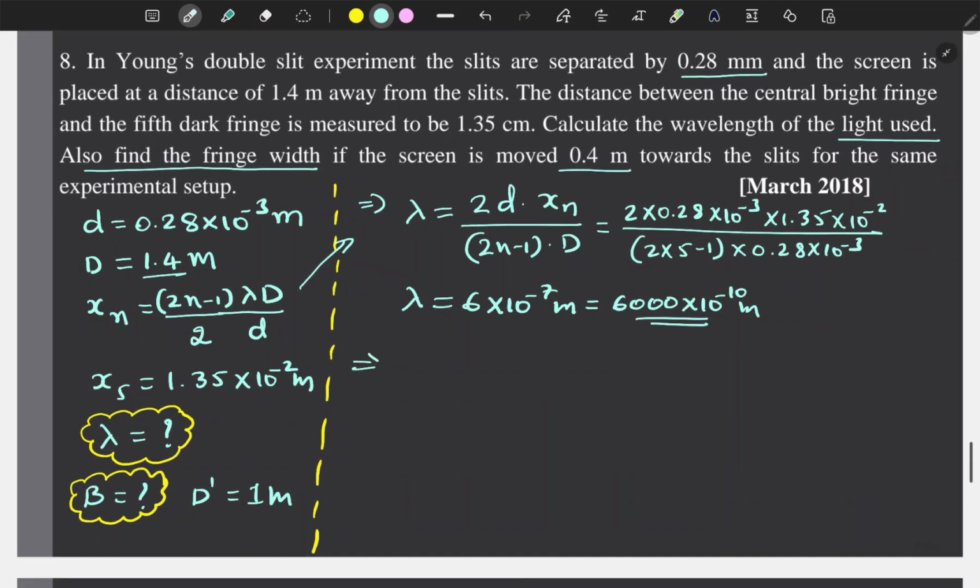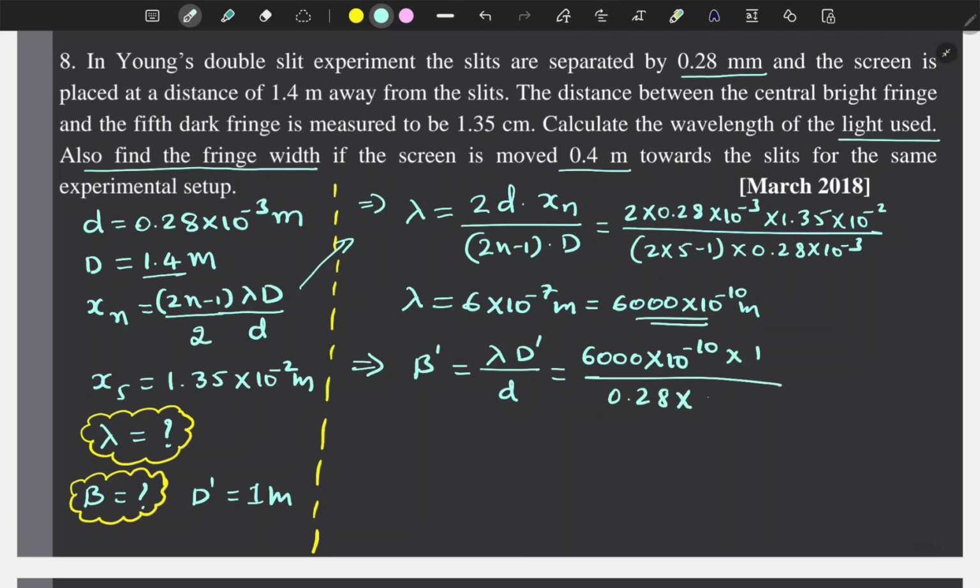Okay. Case 2, we need to find out fringe width. Beta dash is equal to lambda, which is the same, times D dash divided by small d. Lambda we have found, that is 6000 angstrom or 600 nanometer, whichever you want you can write, into D dash, which is 1 meter, divided by small d, which is given, 0.28 into 10 to the power minus 3.